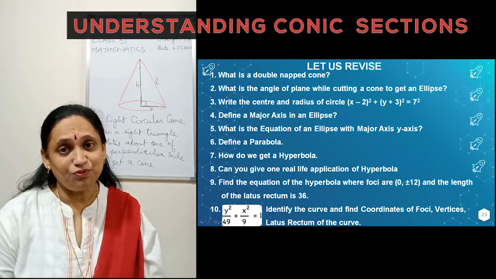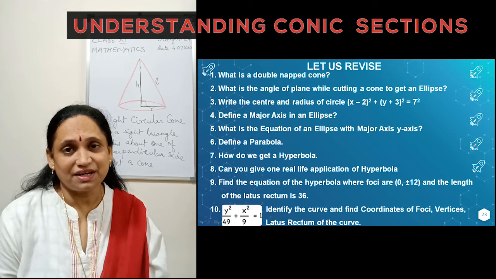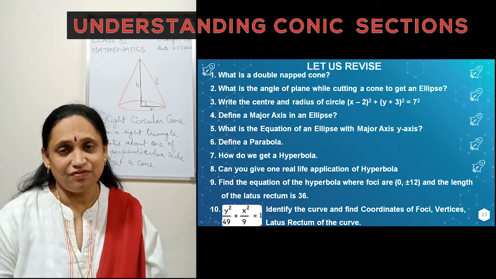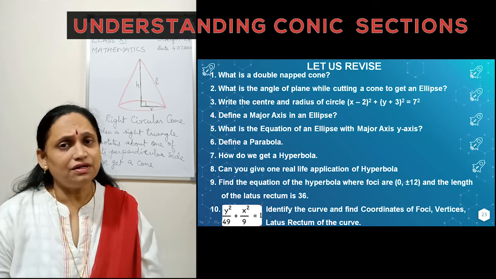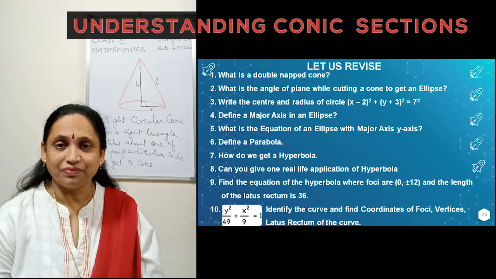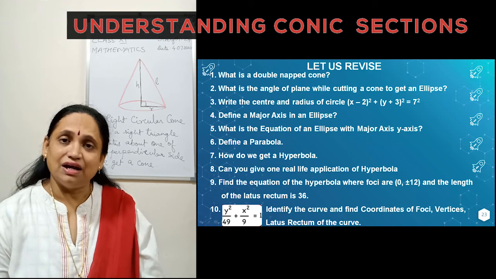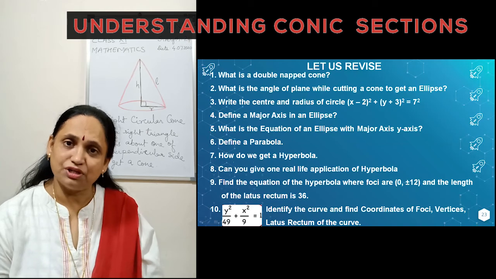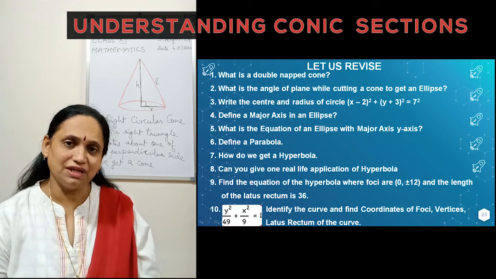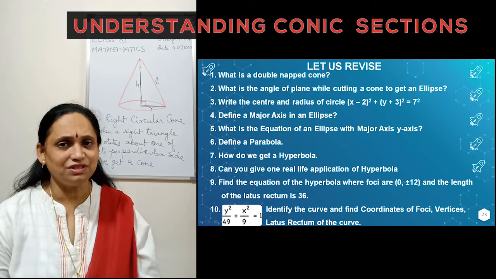Yes, let me tell you once that these conic sections are very useful in life and they have many real life applications. Circle is used everywhere. Ellipse, our planets, they revolve around the sun in an elliptical orbit with the sun at the focus, and there are many other real life applications.